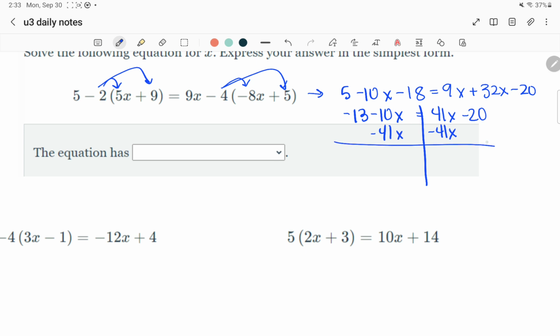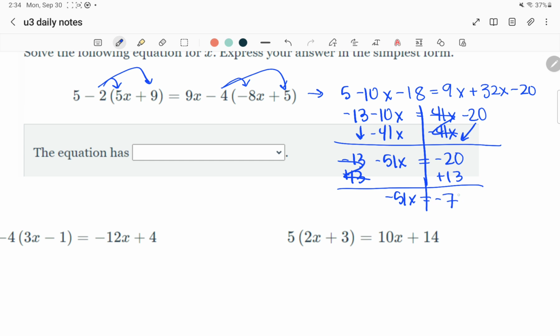Notice I put it under the x's. I almost messed that up. So I've got negative 51x, negative 13. I'm just dropping that down and just dropping down the negative 20. And I'm going to add 13 to both sides. I've got negative 51x equals negative 7.